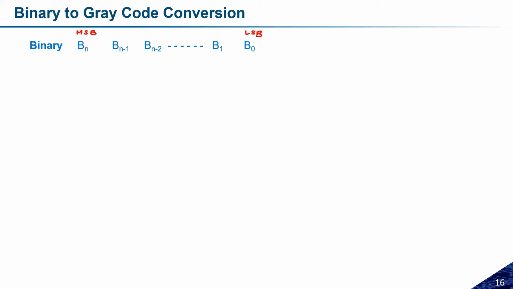And suppose I have a gray code represented with Gn to G0, where Gn is the MSB and G0 is the LSB. So how can we convert binary to gray code?